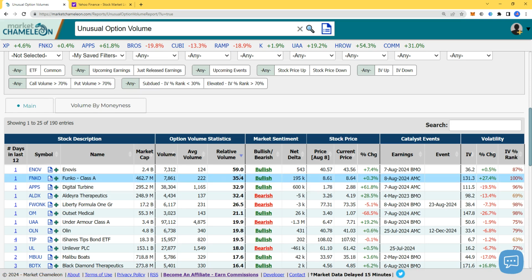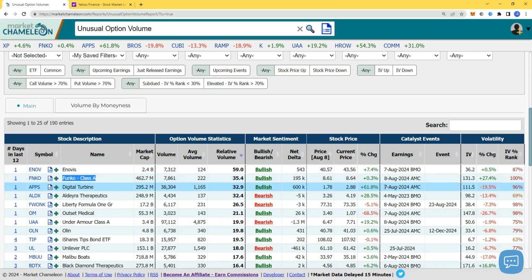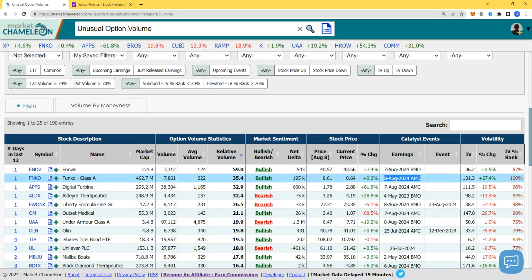It's bullish, which means that yesterday FNKO, I assume, posted earnings. You see August 8th after market close, okay, 195,000 more option net delta for the bullish. That means that they are bullish on FNKO. Now the price was around 8.5, something like that. There you go, 8.61. The prior close price is 8.64, so it didn't move.